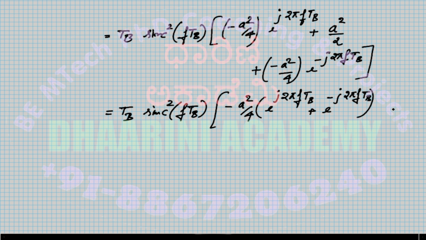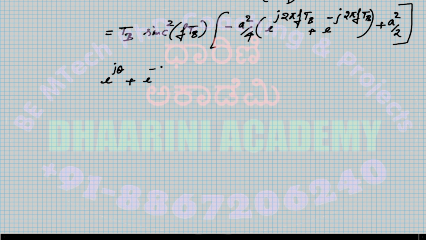Now you can see that we can apply one trigonometric identity. So that identity is, I'll write it here. If you have e to the power j theta plus e to the power minus j theta, I can directly write that as 2 times cos theta. Do you remember?